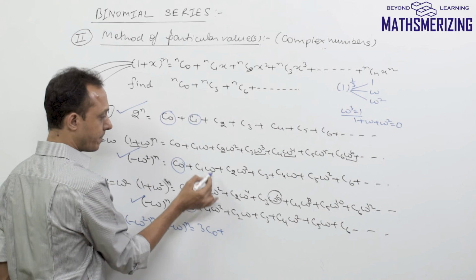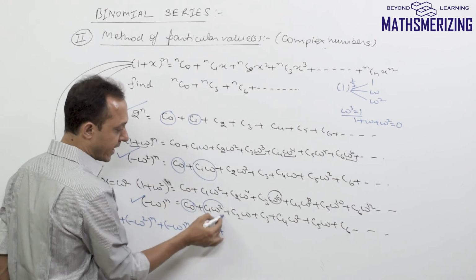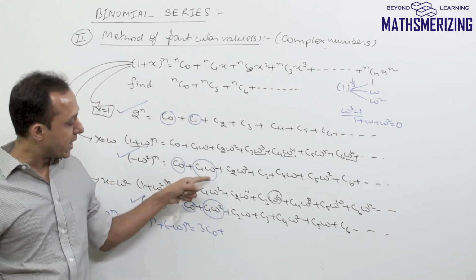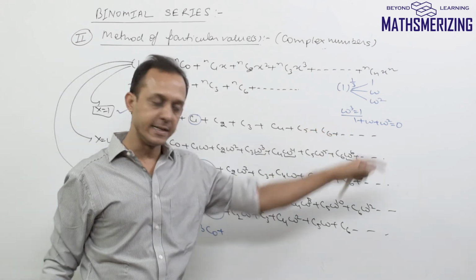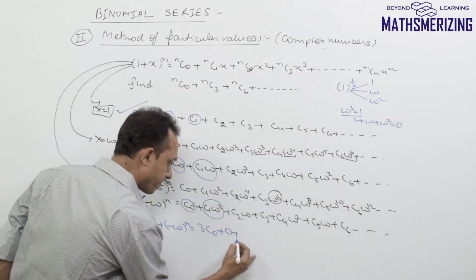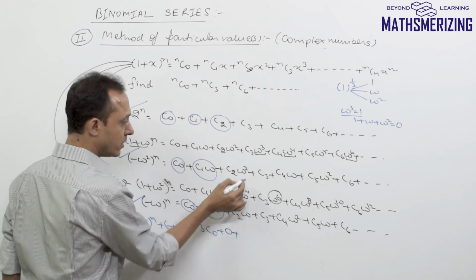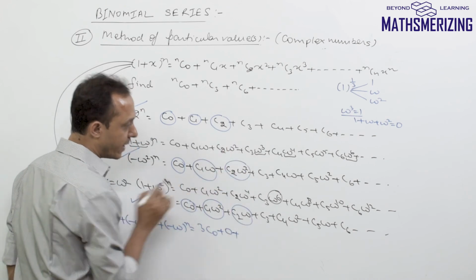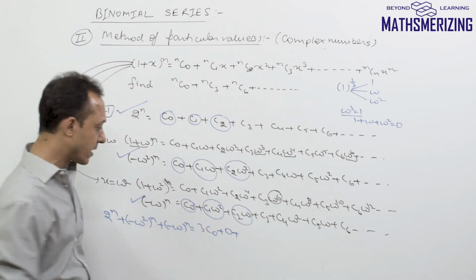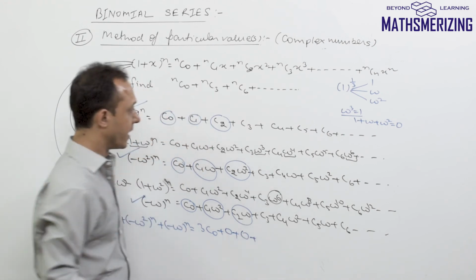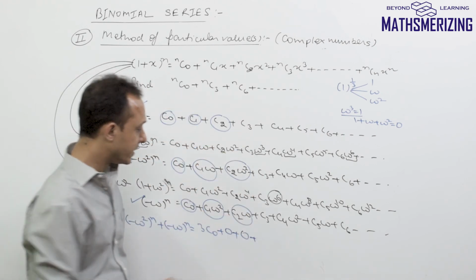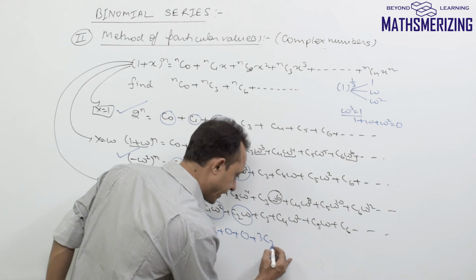I'll get C1 omega and C1 omega square. Now I know 1 plus omega plus omega square is simply 0, so there'll be no C1. In the same way, if I take C2 omega square and C2 omega, again the sum will be 0. Now with C3 and C3, there'll be 3 times C3.